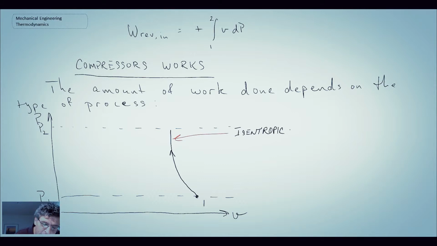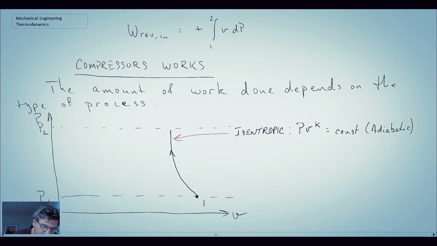An equation for that, we can write as P times specific volume raised to the power k, where k is the ratio of specific heats, equals a constant. So remember, that is for an adiabatic compression process where we have no heat transfer from the cylinder device.